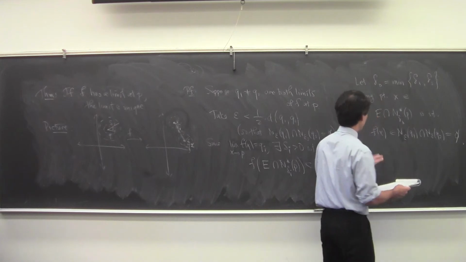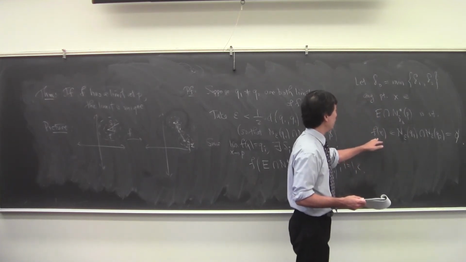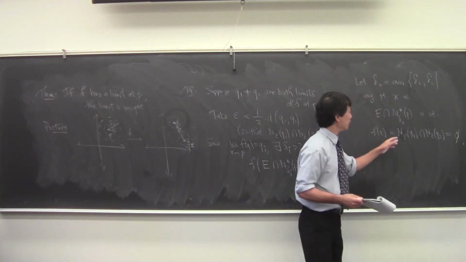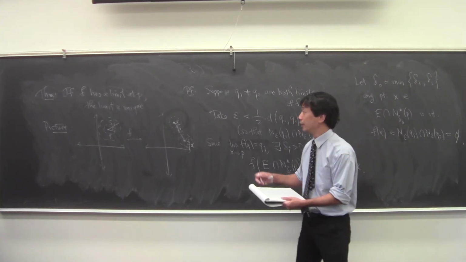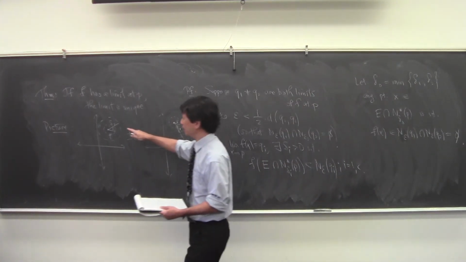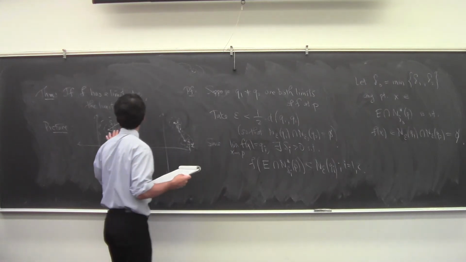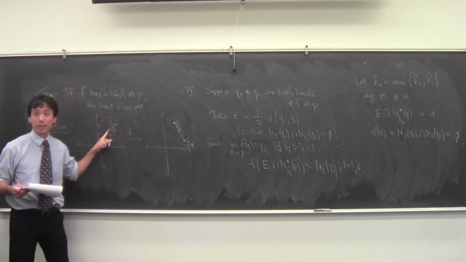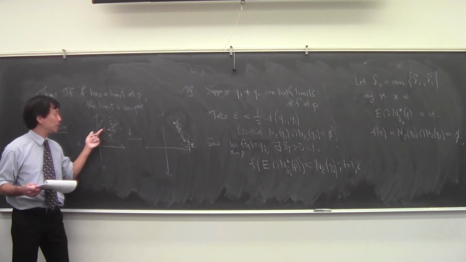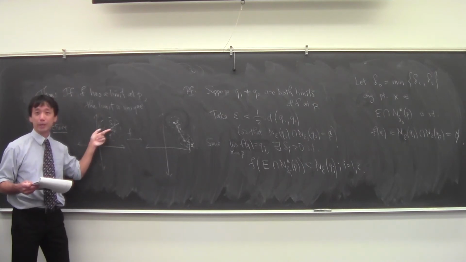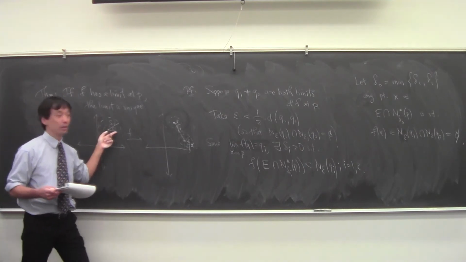That's to say that there's nobody in the domain here. There's nobody in the domain here, but P should have been a limit point, right? So it has to have elements of E arbitrarily close to it.